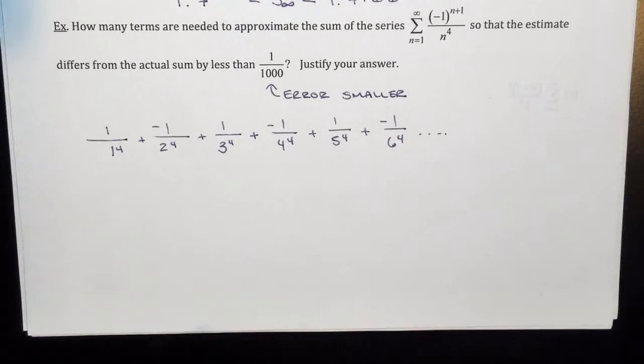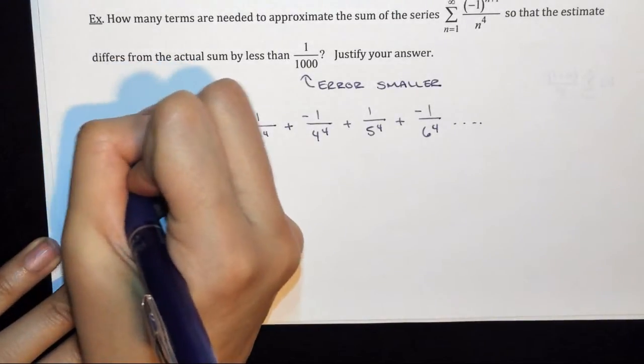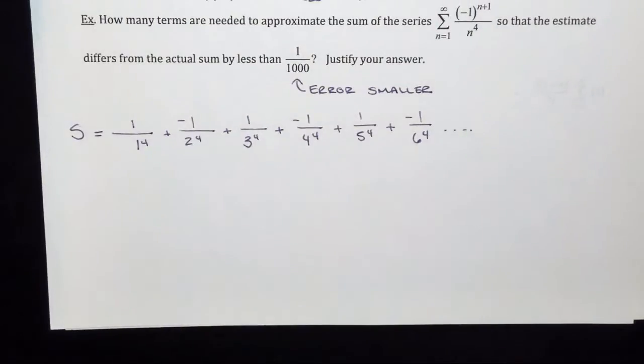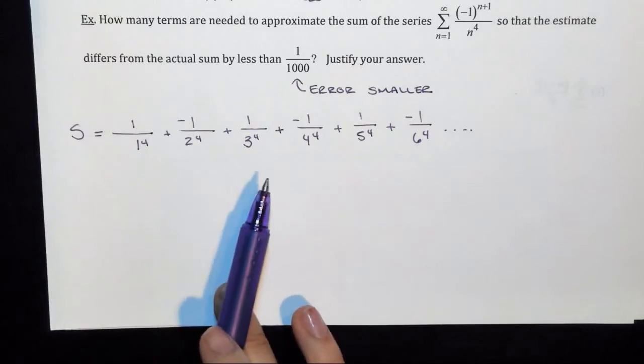Okay, so those are the terms of my sum. My sum would be that, the series would be that added together. And if I calculated 1 over 1 to the 4th, that's 1. And 1 over 2 to the 4th is 1 over 16.